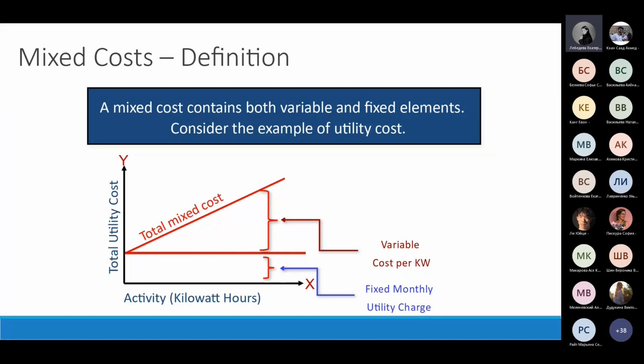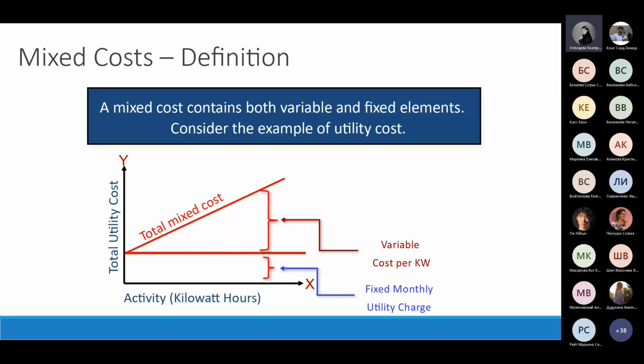You know that if we use utilities or electricity, part of the payment is related to the ability of the firm or physical person to use this electricity. And the second part is related to the kilowatt hours consumed during the period. And that's why almost all utilities are mixed costs.